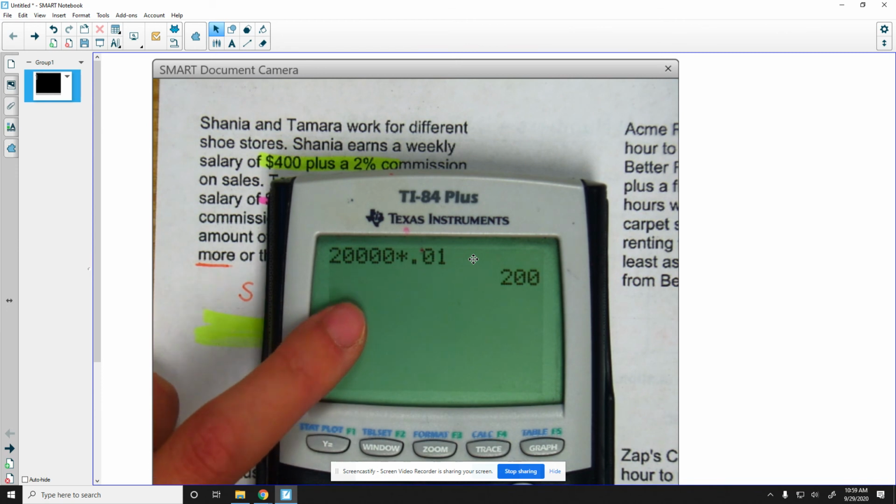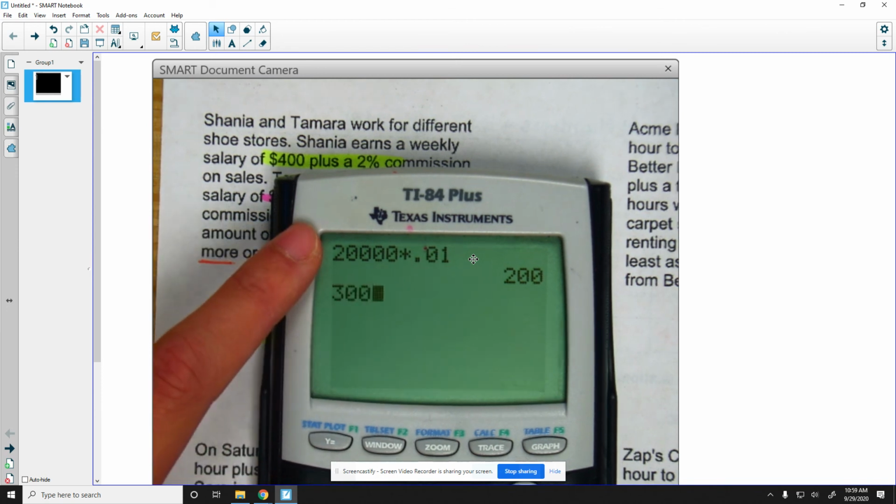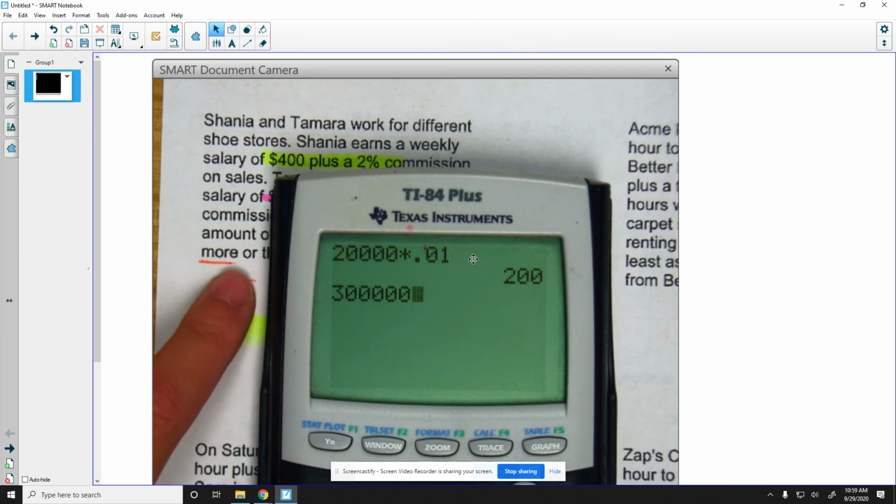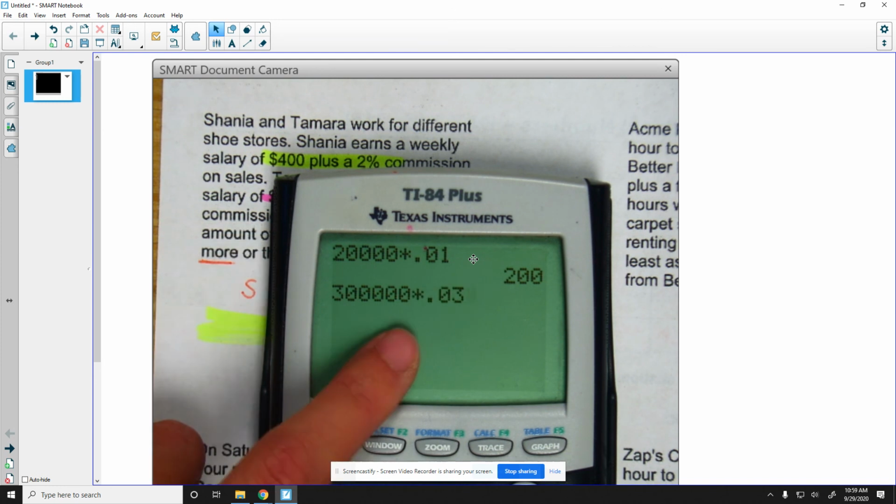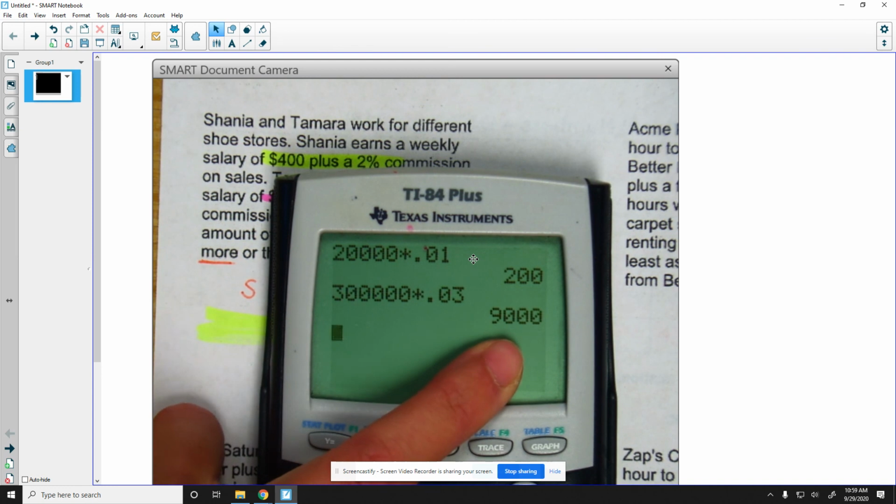Or like, let's say you have a house. Let's say your house is $300,000. Okay. And then your realtor who helps you buy or sell the house, let's say they earn 3% commission. So 3% of $300,000 is $9,000. So they sell one house and they earn an extra $9,000. That's amazing.